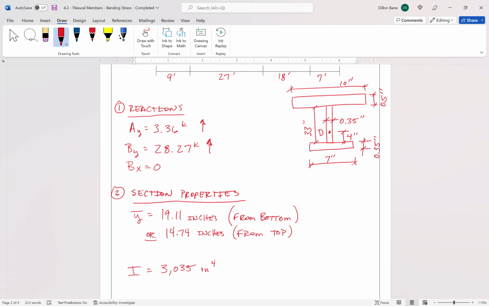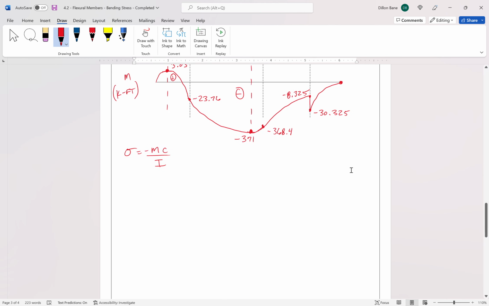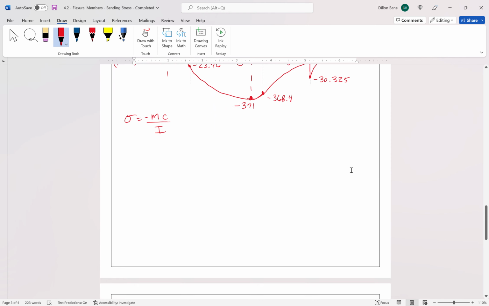Looking at our sigma bending stress equation, since moment can be positive or negative and C can be two different values, one positive, one negative, we end up with 4 different possible variations for what sigma can be. We're going to have a positive and a negative moment and a positive and a negative C. We need to investigate all the possible values that sigma could be.